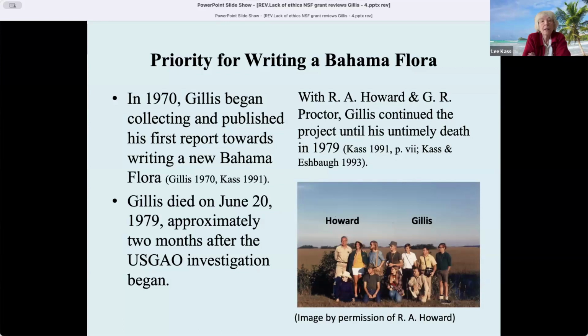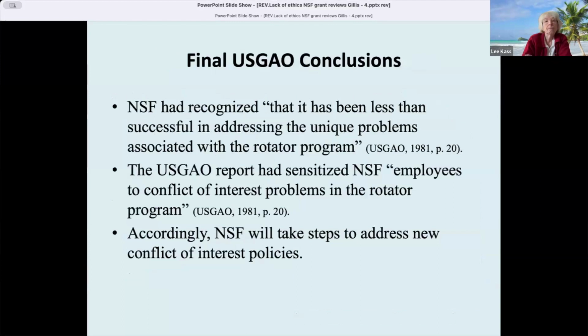He died on June 20th, 1979, approximately 2 months after the investigation began by the USGAO. The picture on the bottom right shows Howard and Gillis with students doing research in the Bahamas in the early or mid-1970s.